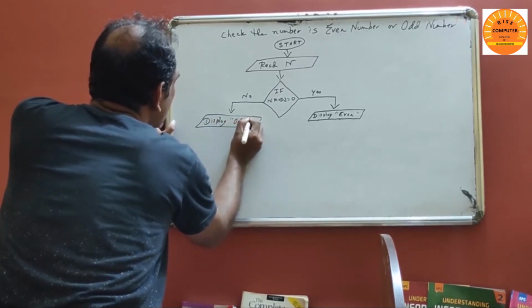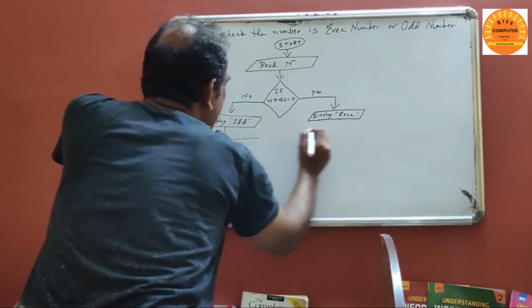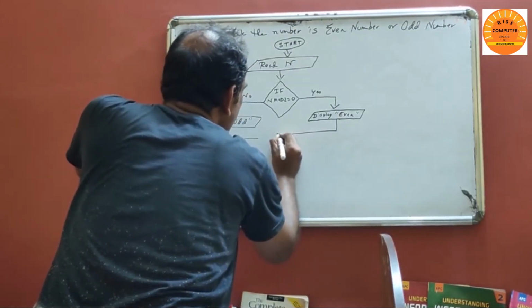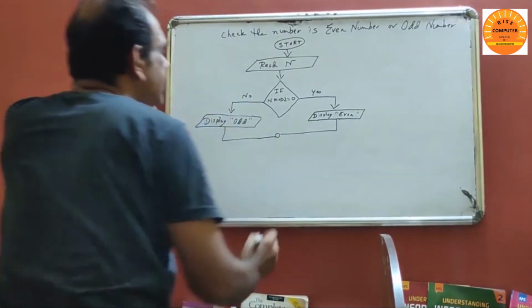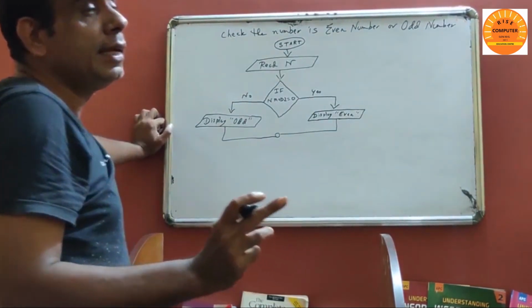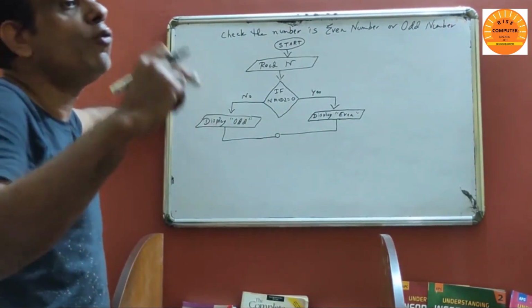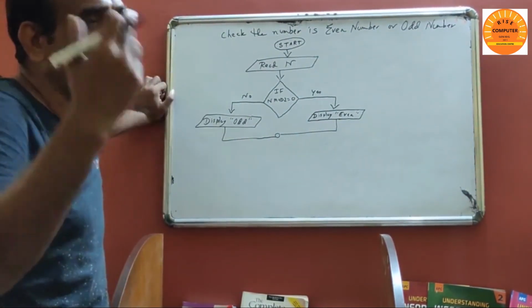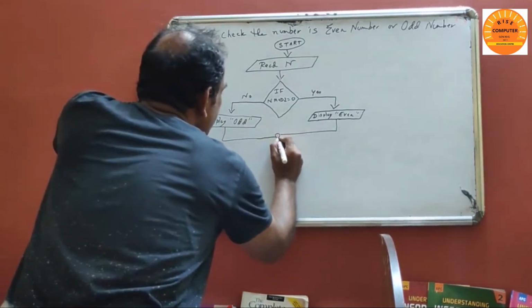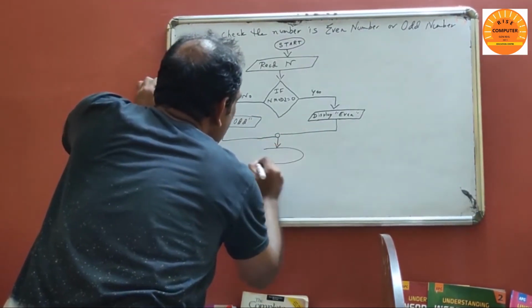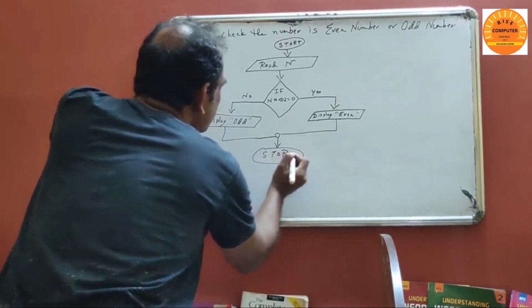Then make a connector where you connect two options, because in a decision box any one option will be displayed, either true or false, and it will be stopped.